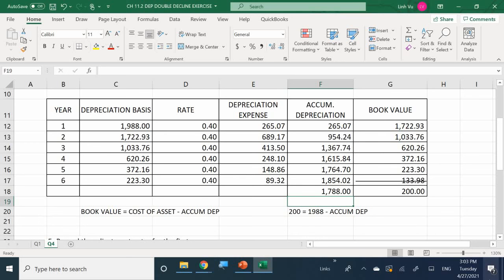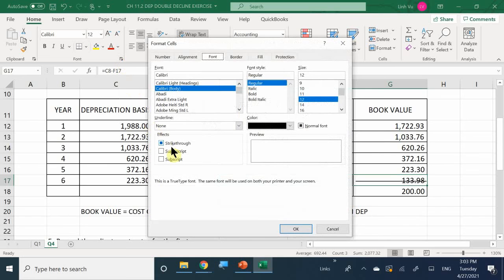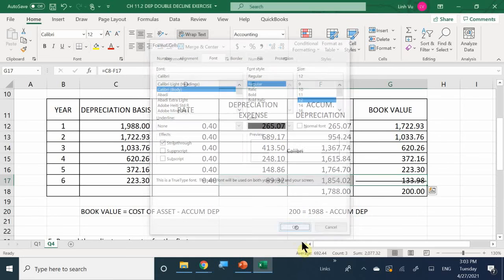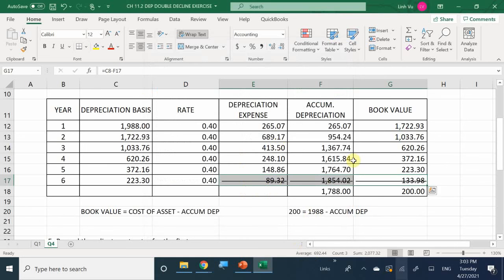You take the 1988, subtract the 200, and you automatically get the 1788. These two numbers don't exist anymore, because they're not correct, so I have to adjust and work my way backwards.